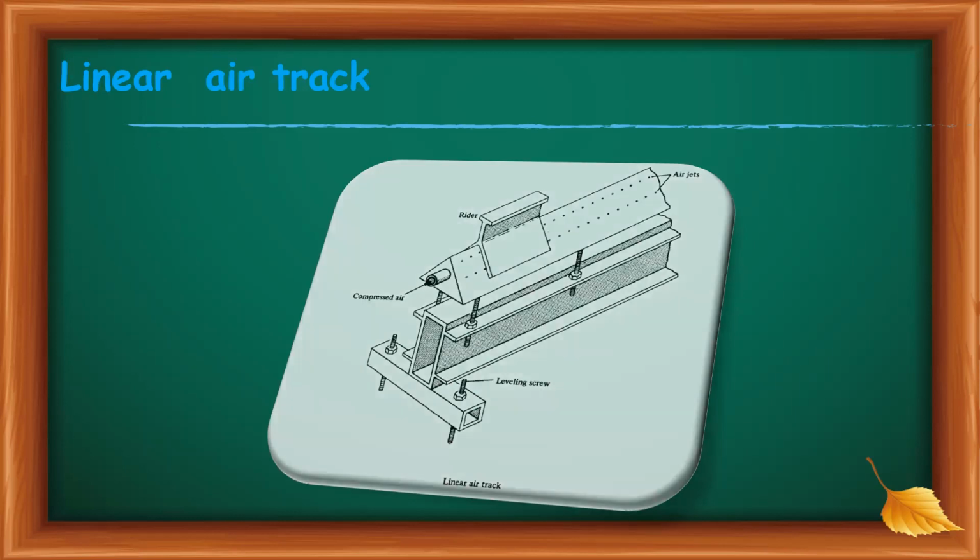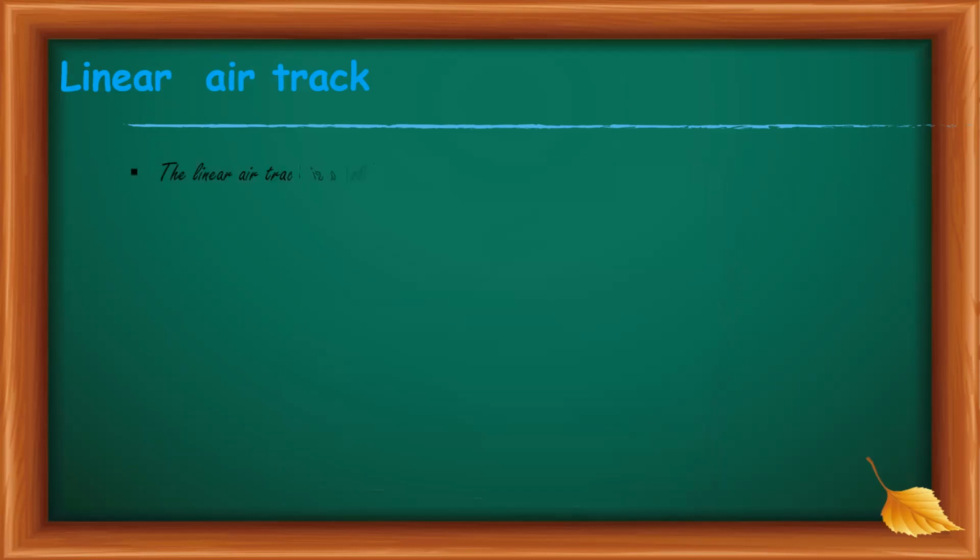Okay, so the linear air track is a hollow triangular beam. It may be 2 meters long or more than that, and it has many small holes which emit gentle streams of air.